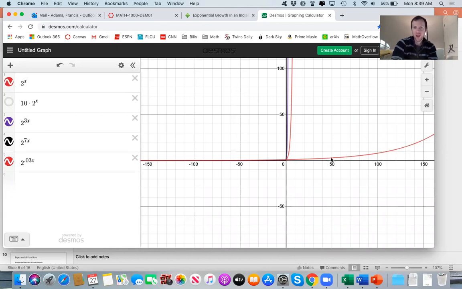Like at 150, this is still below 10. And at 150, these numbers are just enormous. Or at 50, these are big. At 150, this one makes it at least to like 25, and the other exponential functions are just huge.